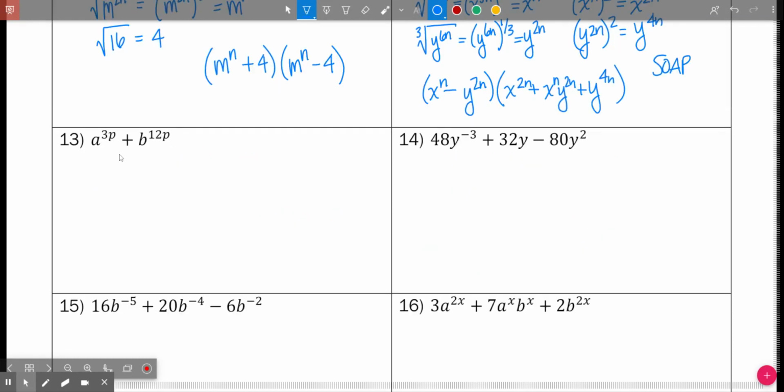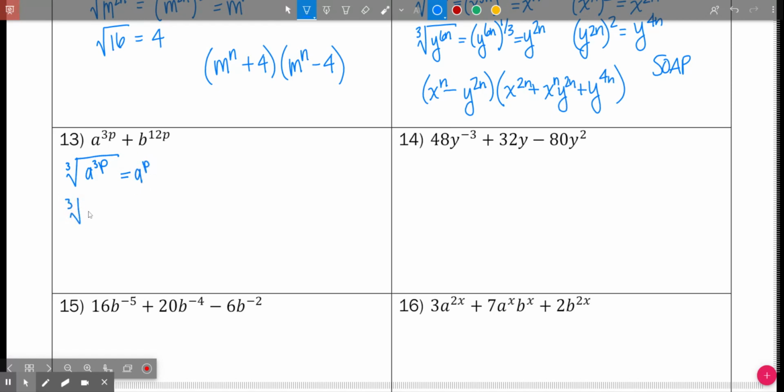So again, in 13, the same as number 12, 3p and 12p are multiples of 3. So that makes this a sum of perfect cubes. So when I take the cube root of a to the 3p power, well, that's just a to the p power.